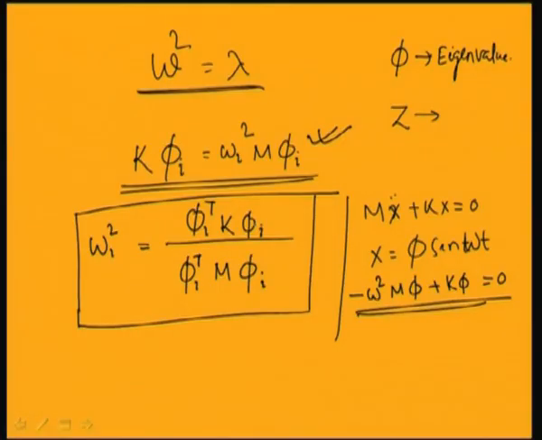If you do not know the exact value, we can assume some other vector which will approximate phi. In that case, by substituting that approximate function, I can write this expression in this form. Let us consider z as an arbitrary vector.